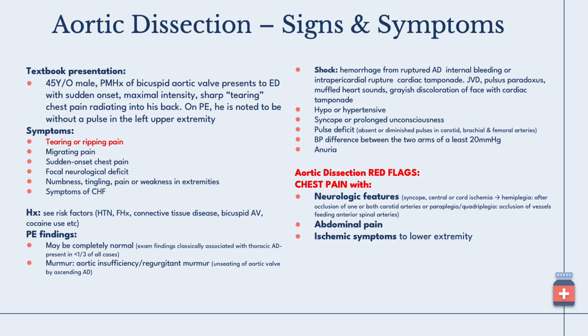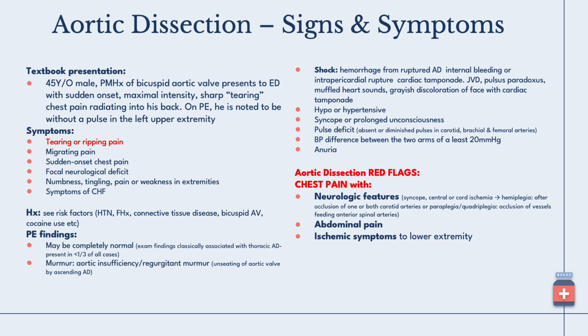Physical exam findings may be completely normal. So exam findings classically associated with thoracic aortic dissection may be present in less than a third of all cases. There could be a murmur, say aortic insufficiency or a regurg murmur.